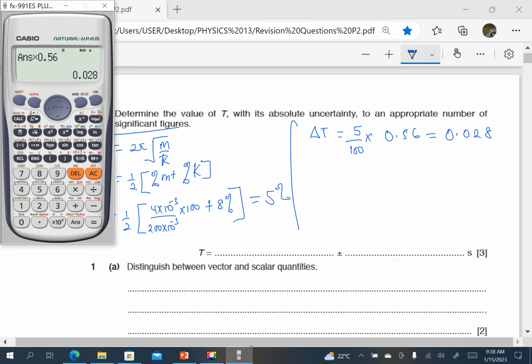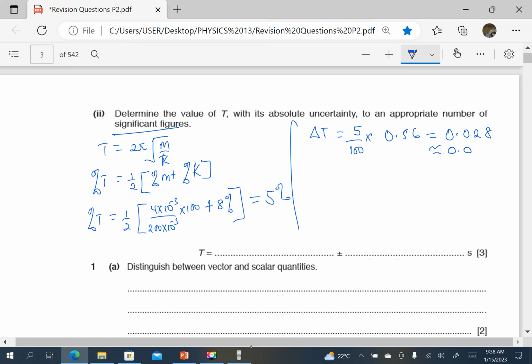One significant figure there will be 0.03, so this is approximately 0.03, and therefore these are two decimal places, so we shall write T also to two decimal places.